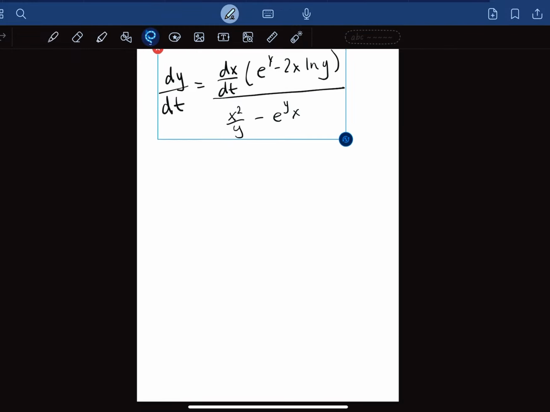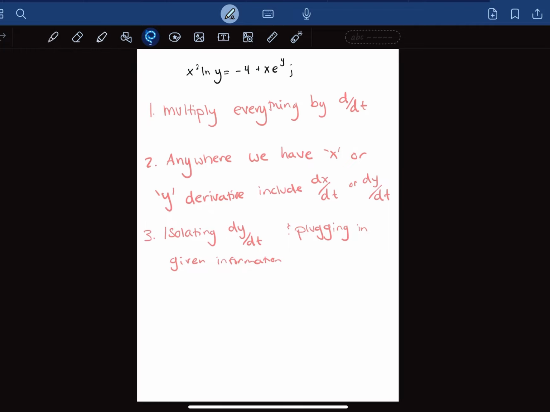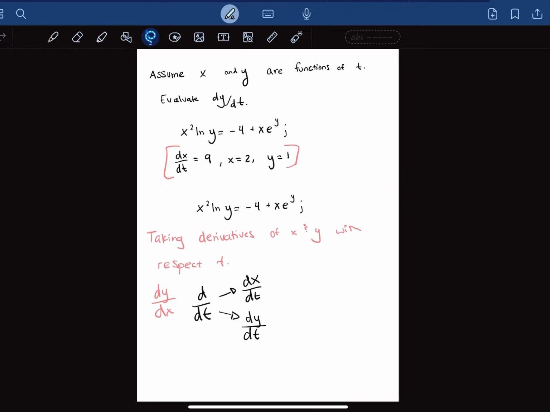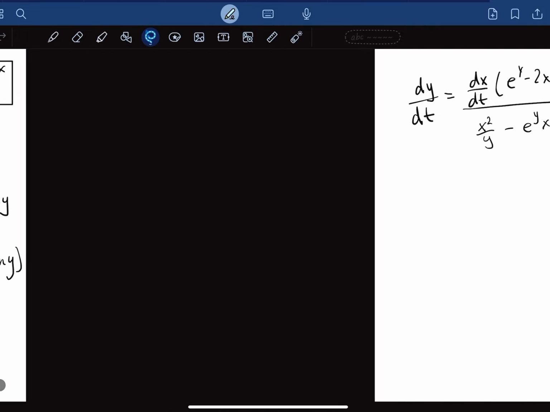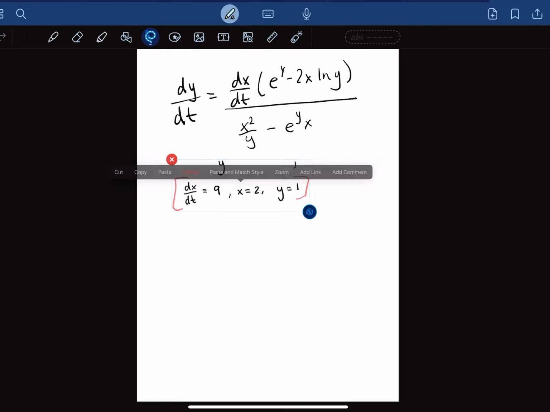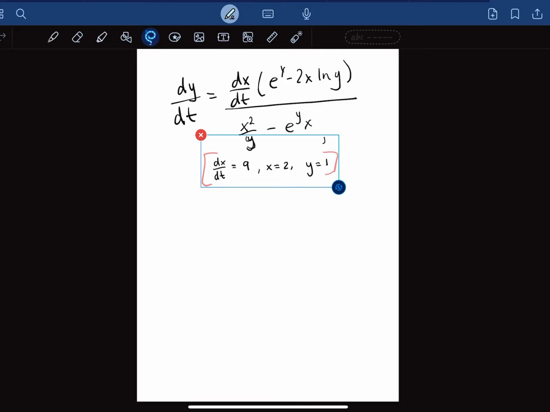And so now pasting this onto this page, I'm going to take the given information, which I have right here and that we ignored in the beginning, that dx dt is equal to 9, x is equal to 2, and y is equal to 1. So placing that over here, I'm going to match up that y.